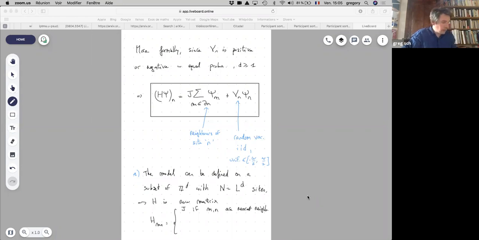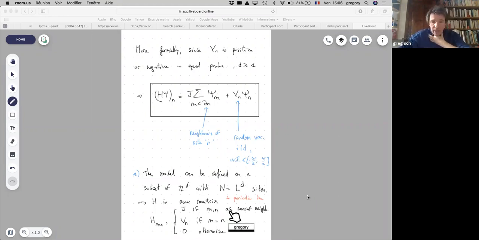And on the diagonal, you have a special value, Vn, if M is equal to N, and the rest is just 0. Now, to be precise, we will consider the case where we have a box here with periodic boundary conditions. So that's what I have.